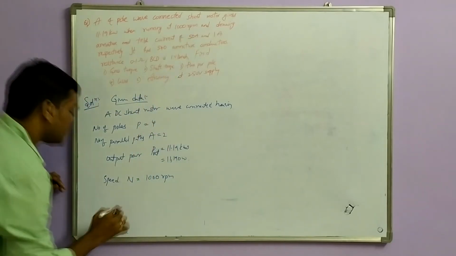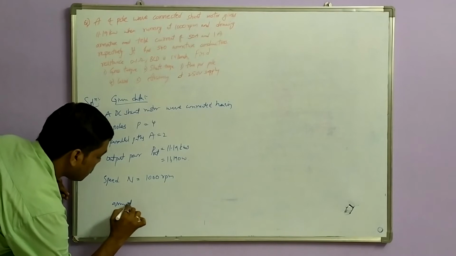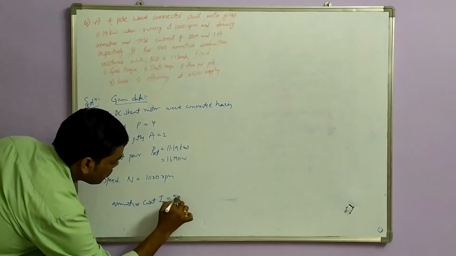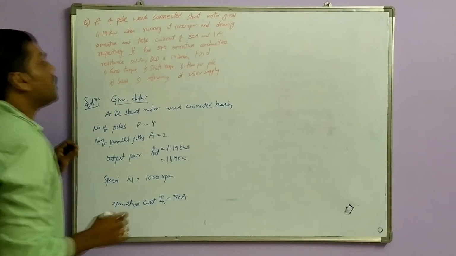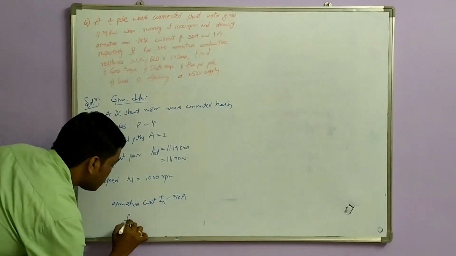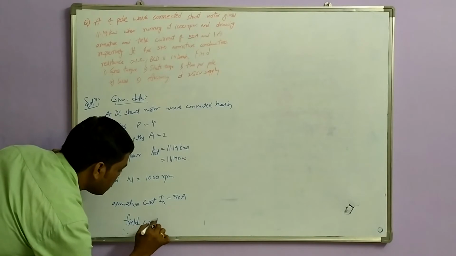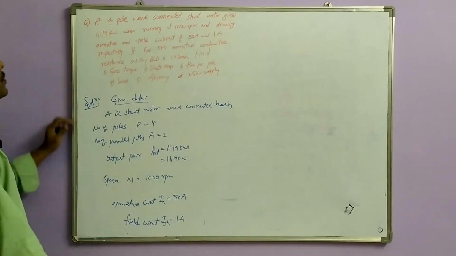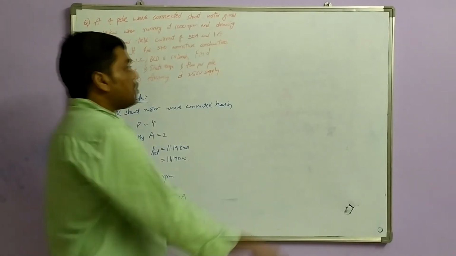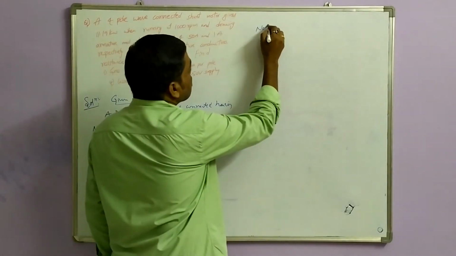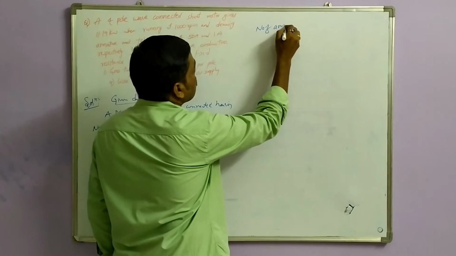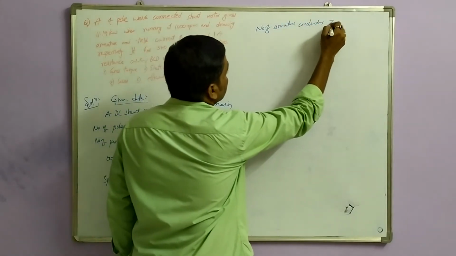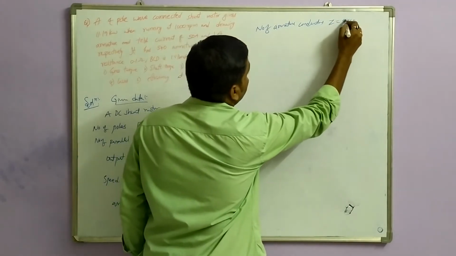Armature current IA is equal to 50 amperes, and the shunt field current ISH is equal to 1 ampere. The number of armature conductors is given, so Z is equal to 540.